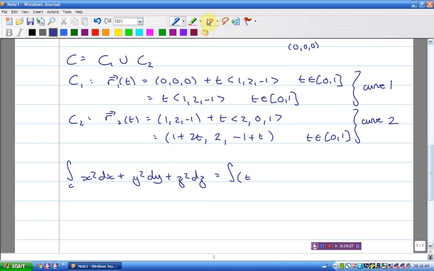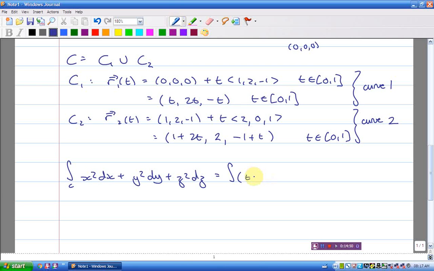In fact, you know what? I'm going to go back to my R1 over there, and I'm actually going to bring the t inside the brackets. You don't have to, but for the same reason as I just described for curve 2, it's nice to be able to see the parametric expressions nice and clearly.